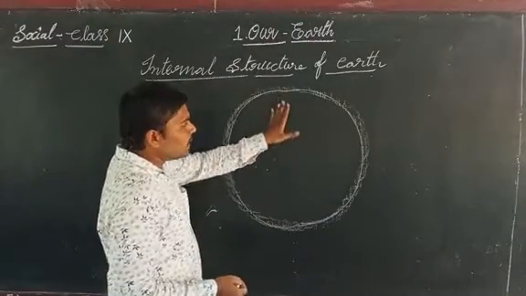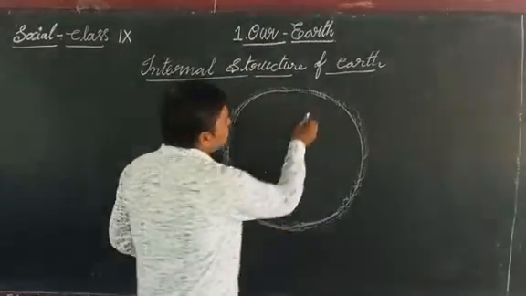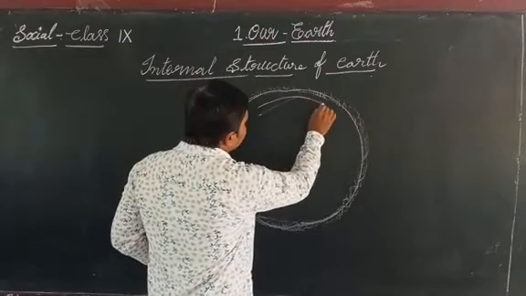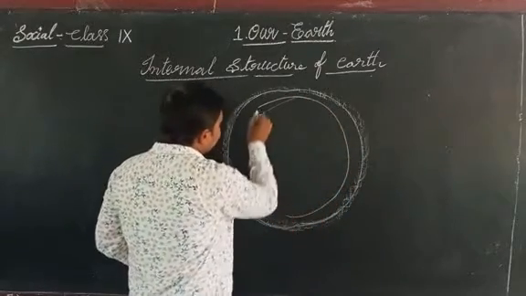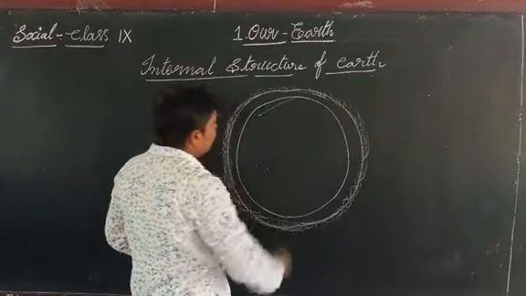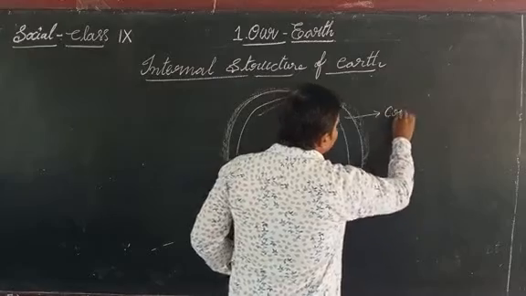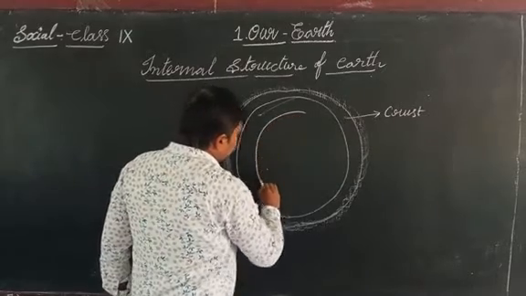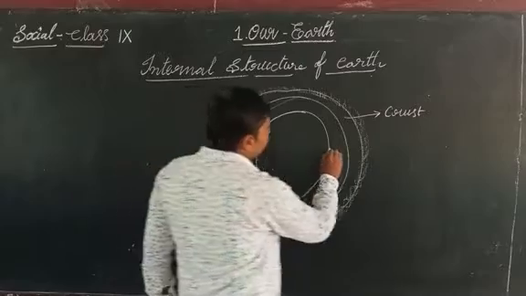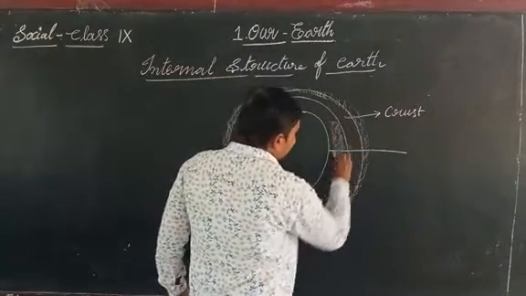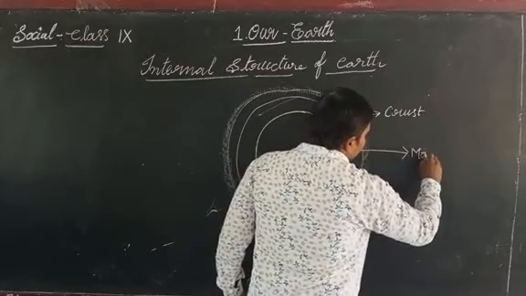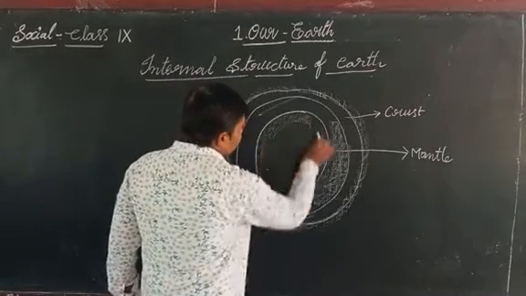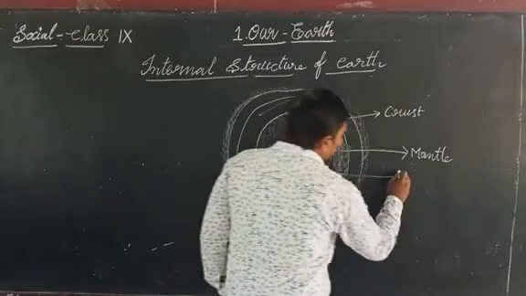Here, the entire internal Earth is divided into three parts or three layers. The first one is crust, and the second one is mantle. This portion is called mantle, and the entire region inside is called core.